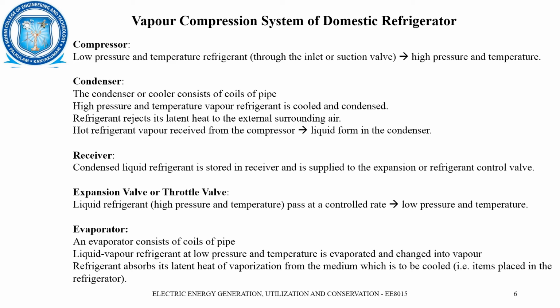In this case, the liquid refrigerant's pressure and temperature get much reduced, and then this liquid refrigerant is sent through the evaporator. The evaporator changes the liquid refrigerant into vapor refrigerant, and it absorbs its latent heat of vaporization from the medium. Thus it makes the substance cool.